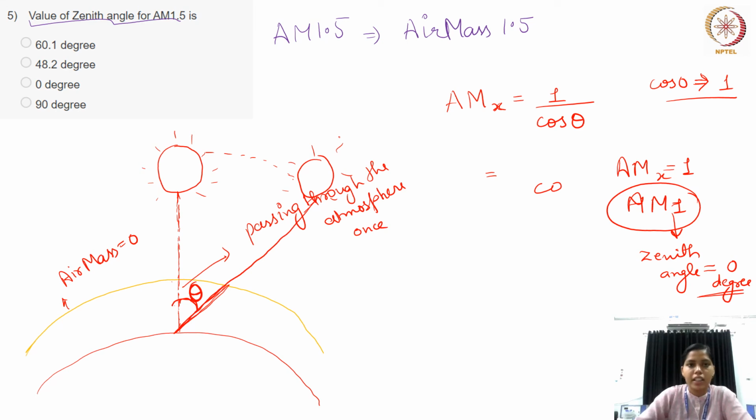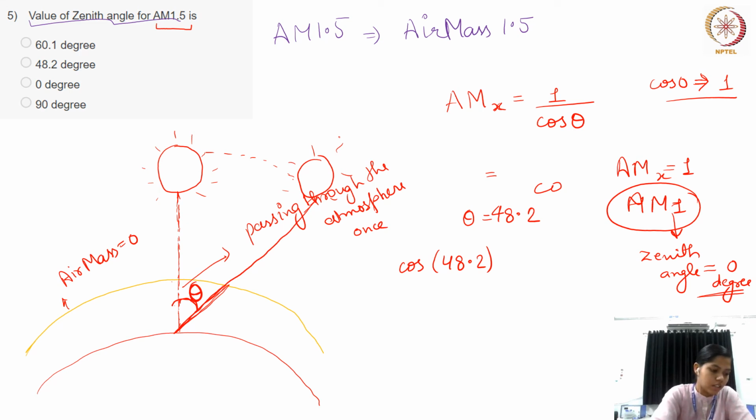But here we want to calculate the zenith angle for the air mass 1.5. So when we take theta equal to 48.2, that will give me cos of 48.2. So does anyone have any doubt in the previous question? You can write in the chat box.